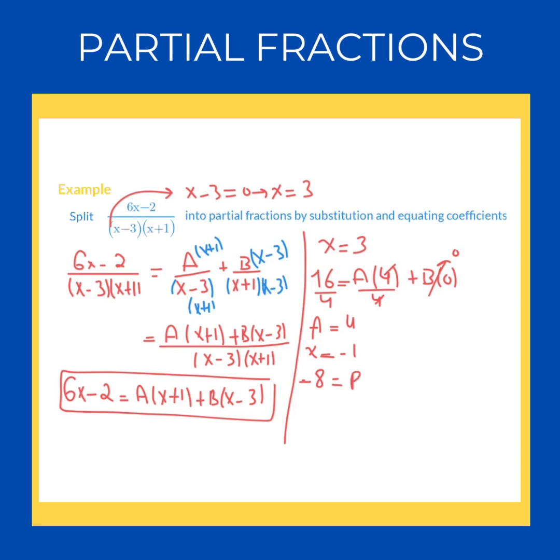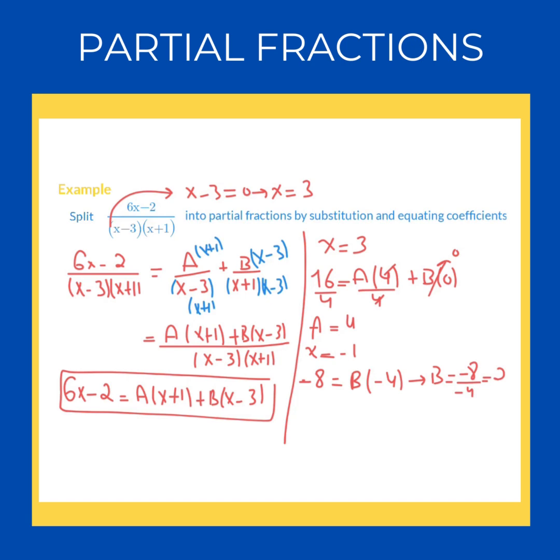I'm left with negative 8 equal to b times x minus 3. Now when x is negative 1, I have negative 1 minus 3, which is negative 4. So b is equal to negative 8 over negative 4, which is 2.